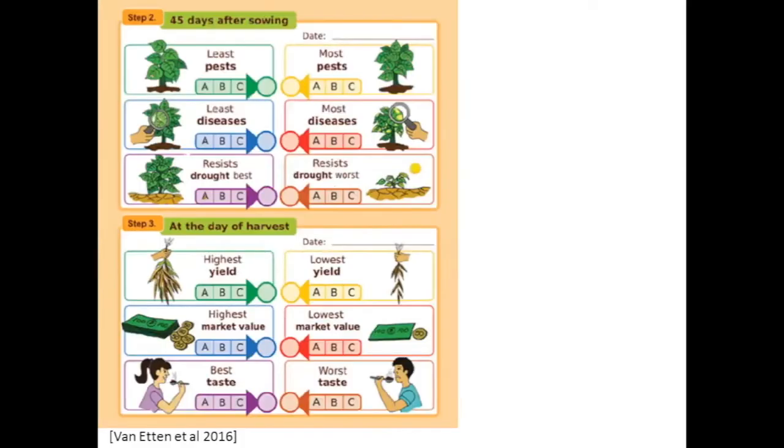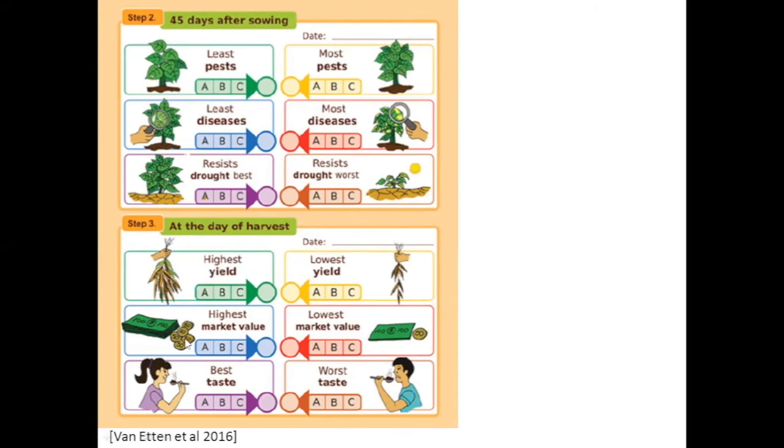I put in this example from a recent paper. Jacob van Etten, who's been developing this biodiversity method of doing large N trials, showed this example of their data collection form. And it's extremely simple. They've tried to put in pictures of what they mean by these things. So for yield, here's a big plant for high yield, here's a small plant for low yield.